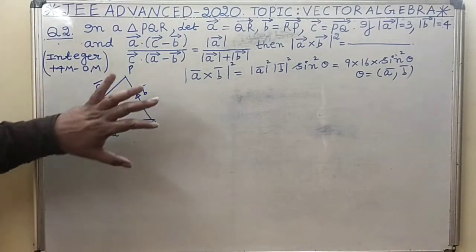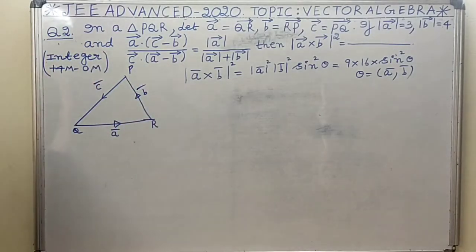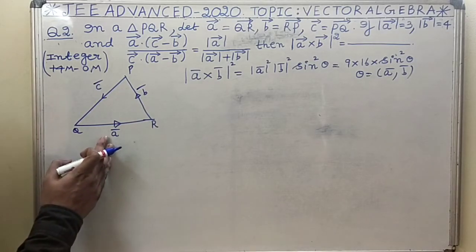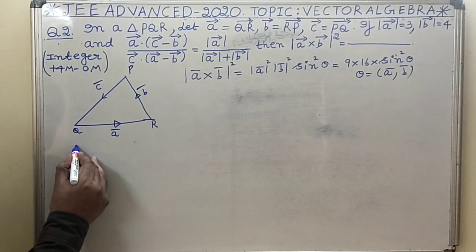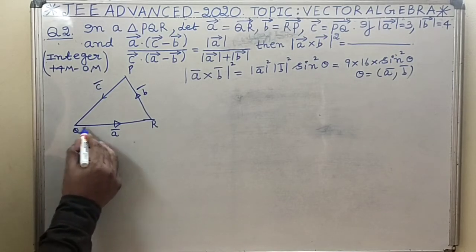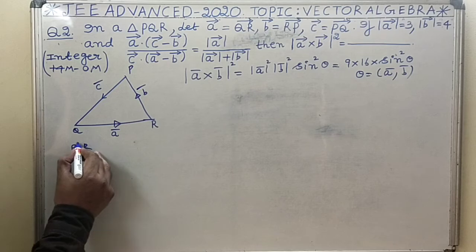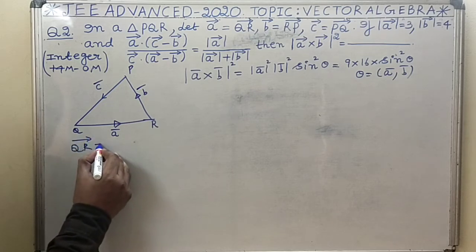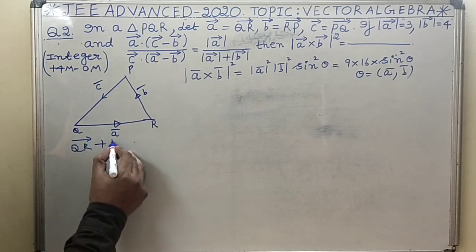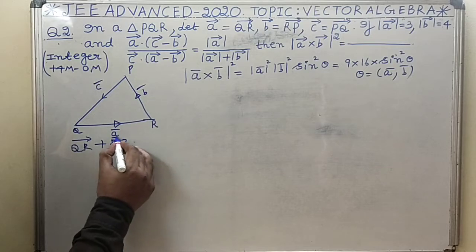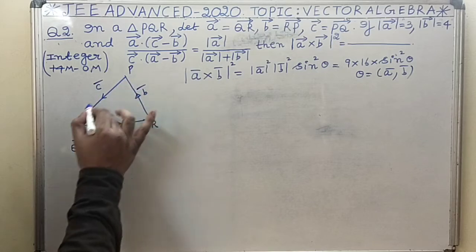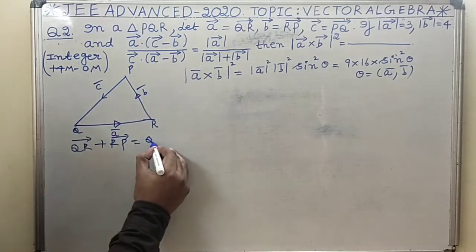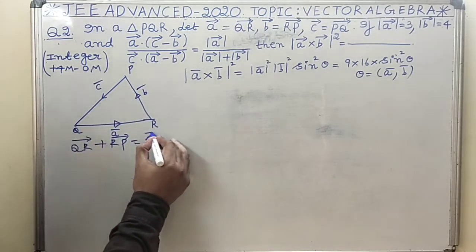Now, whenever side vectors are given, the relation is, if you observe here, by triangle law, QR bar plus RP bar is nothing but QP bar.